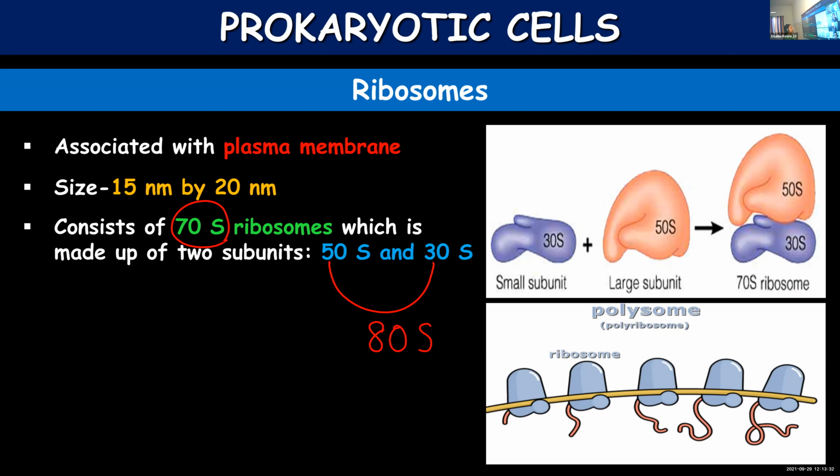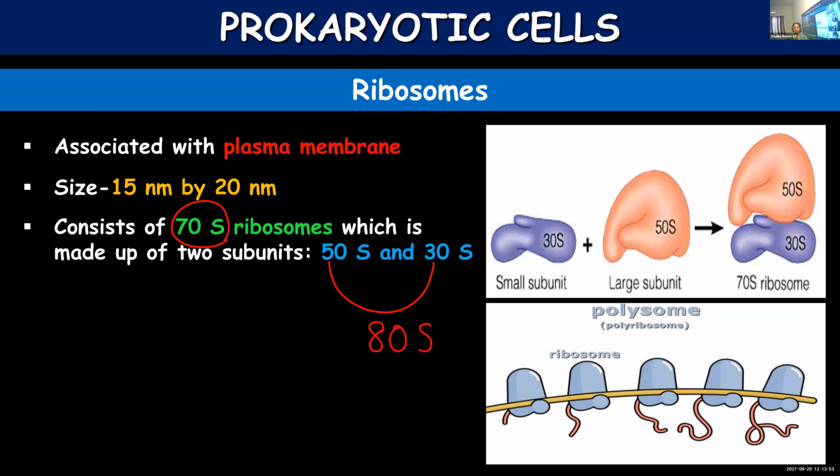The reason I told you already. When they are existing as 2 different subunits, they sediment at 50S and 30S. But when both form a single unit, they will sediment at a lower rate, that is 70S.